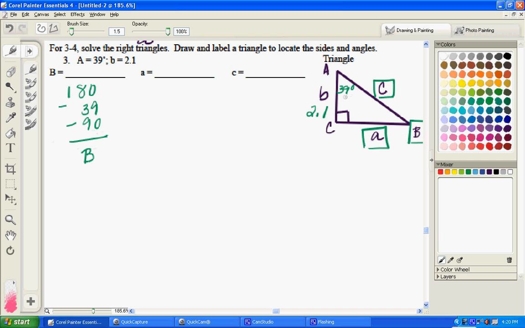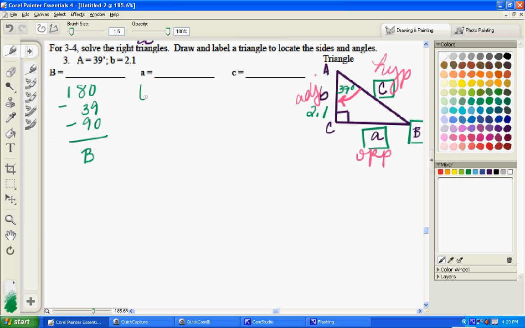I have here an angle, and all the trig values are going to come from it. This side is opposite the angle I have, this side is adjacent to the angle I have, and this is the hypotenuse of the triangle. So I'm able to set up a trig equation based on 39 degrees, opposite and adjacent.